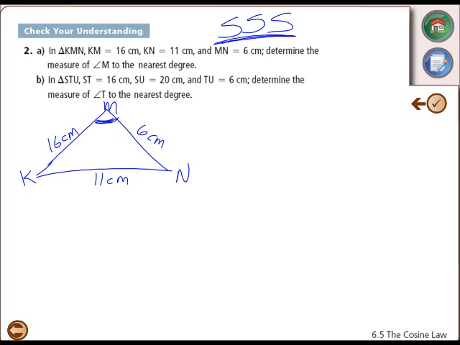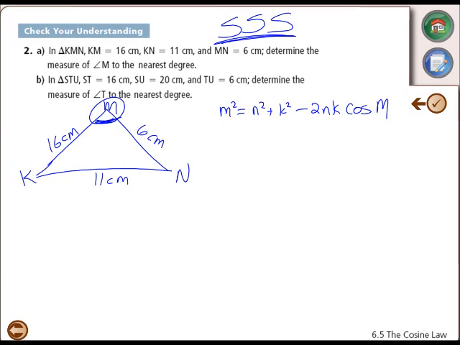So let's start by writing out what we've got. We're looking for angle M, so I'm going to need to be dealing with the M. So M squared is equal to, add the other two sides, N squared plus K squared minus 2 times N times K cos of M. So now our first option is to plug in our information as it is right now.